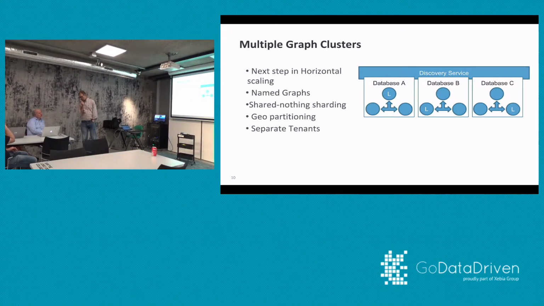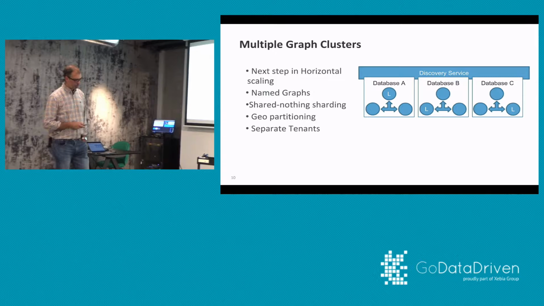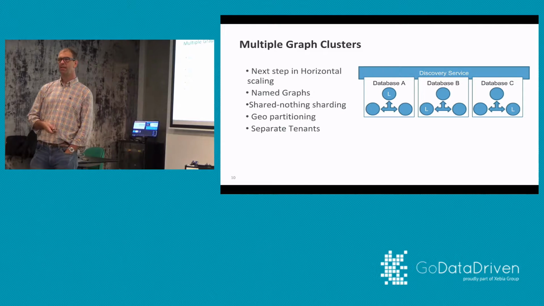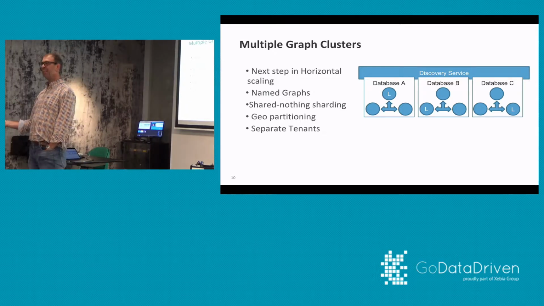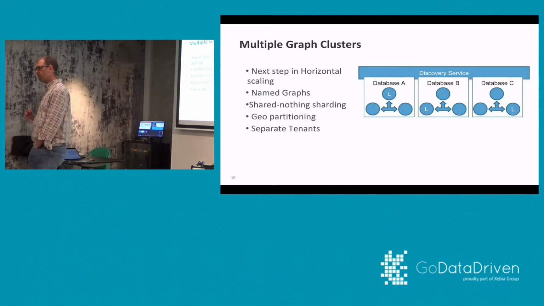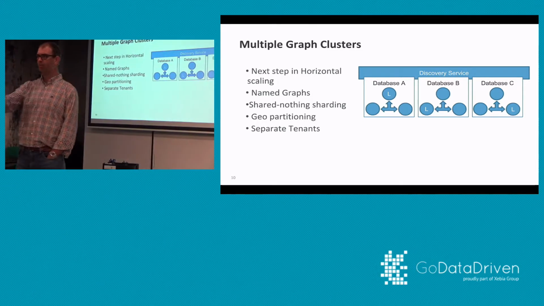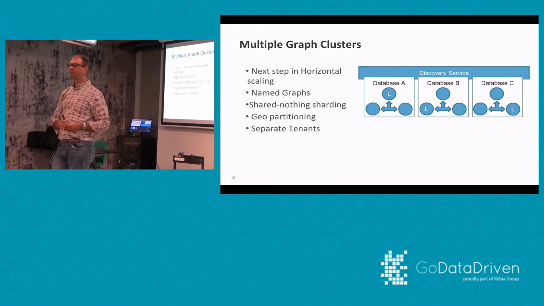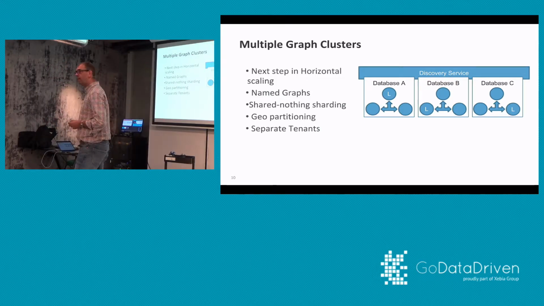Next one, a big set of features. We used to have a clustering system in Neo4j based on master-slave. I'm hoping you still remember that, the high availability system, which was based on the Paxos protocol, right? You would have one master, it would usually get all your writes, and it would replicate the data into the slaves, and they would eventually get the same data set, and you could query both. That served us well.